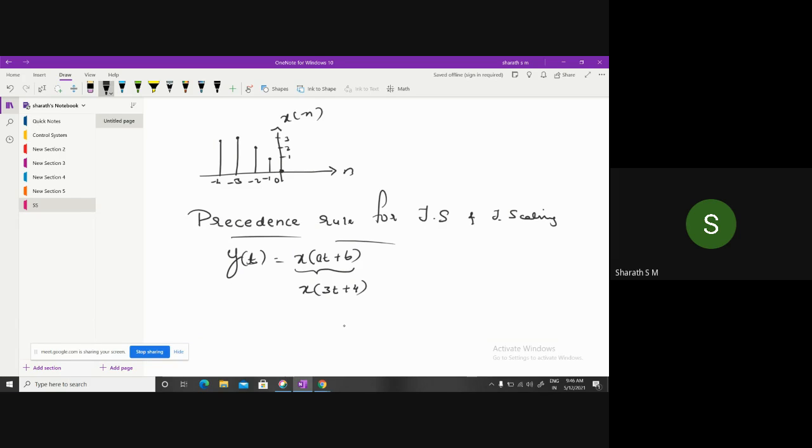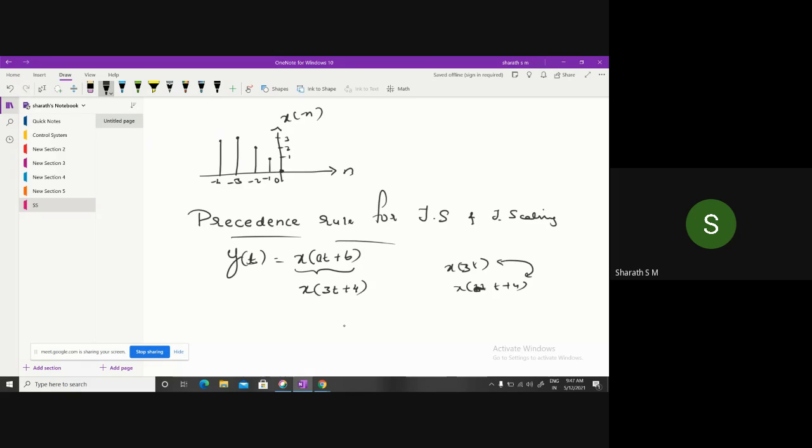In the previous cases we did x of n minus 2, x of n plus 2, x of t plus 2, x of t minus 2, and x of 3t separately. Here it's a combination of both shifting as well as scaling operations.